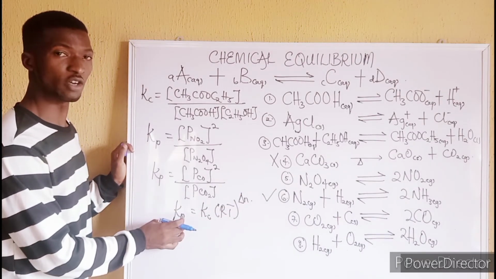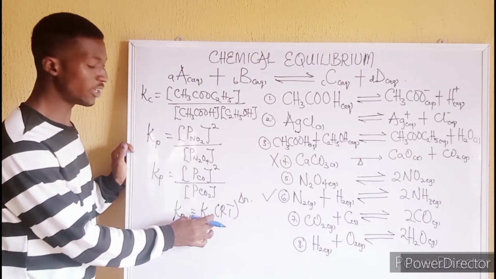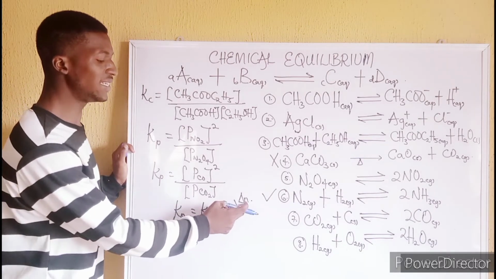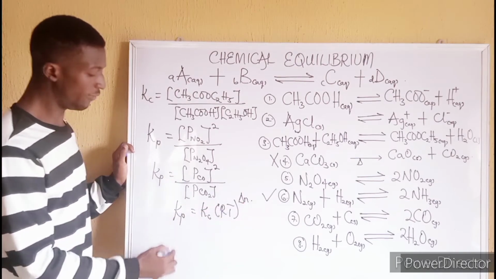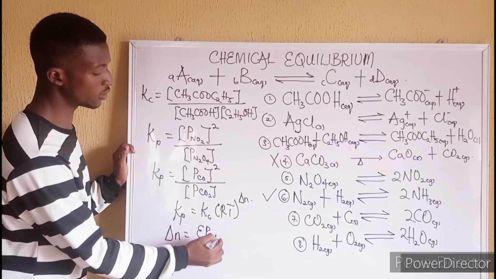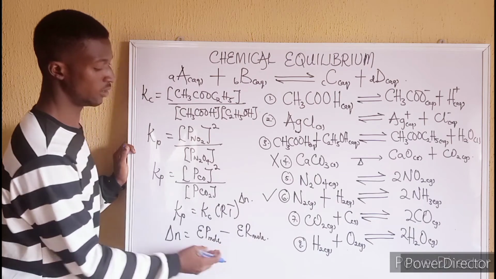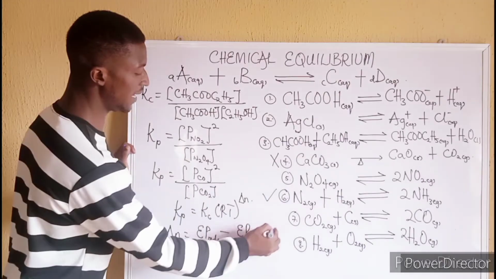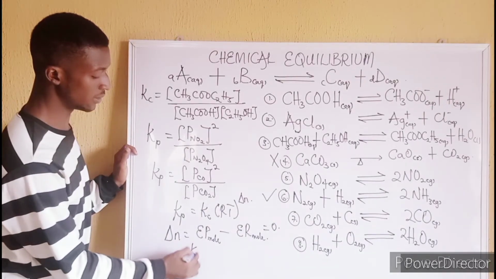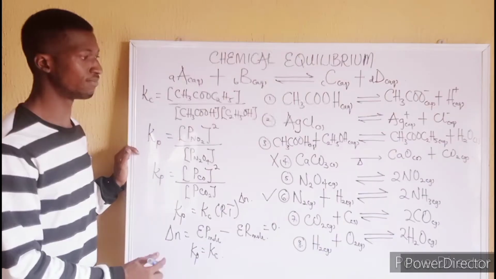Here Kp is the equilibrium constant for the gaseous system, Kc is the equilibrium constant for the aqueous system, R is the general gas constant, T is the temperature, and delta n represents the difference between the summation of moles of product and the summation of moles of reactant. So when delta n is equal to 0, it means that the equilibrium constant in a gaseous system will be equal to the equilibrium constant in an aqueous system.